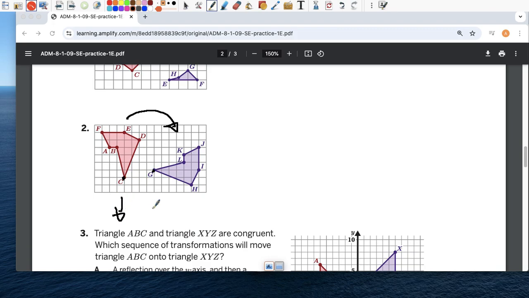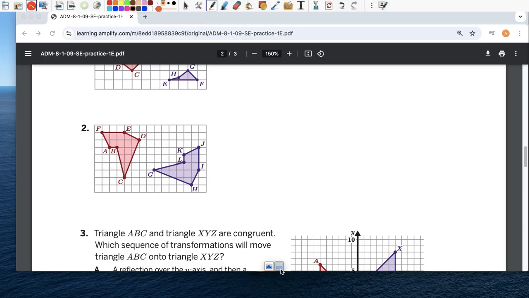Point C was pointing that way, and now it's pointing this way. So definitely a rotation of 90 degrees. You can compare some lengths here. KJ and AB are the same, JI and FE are the same. You can look for other lengths that are the same.